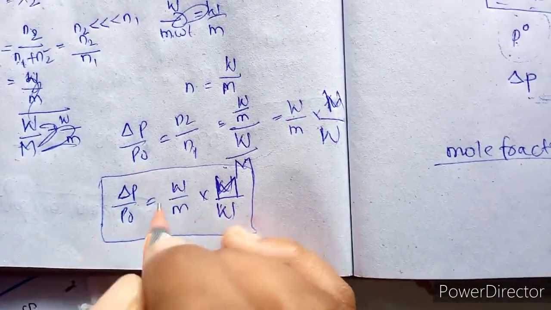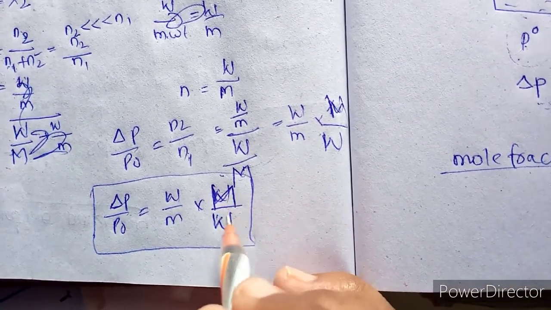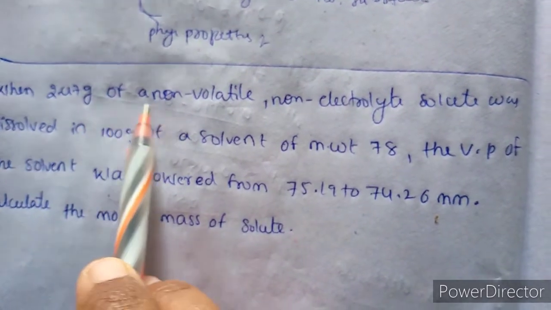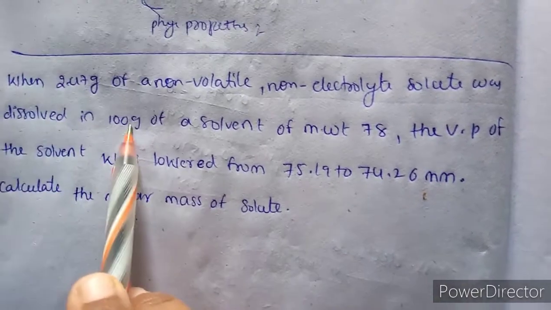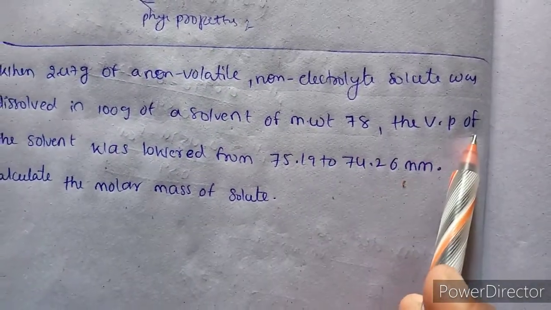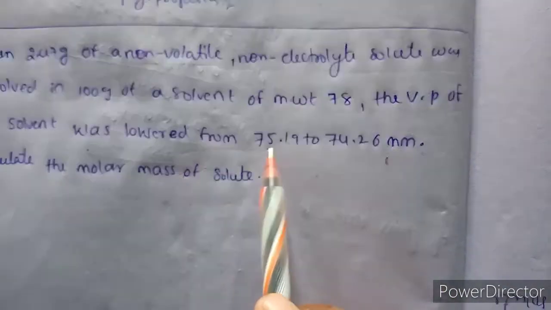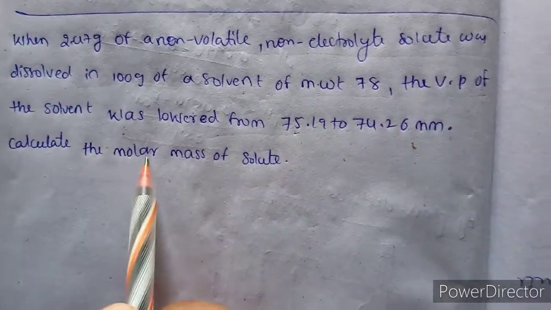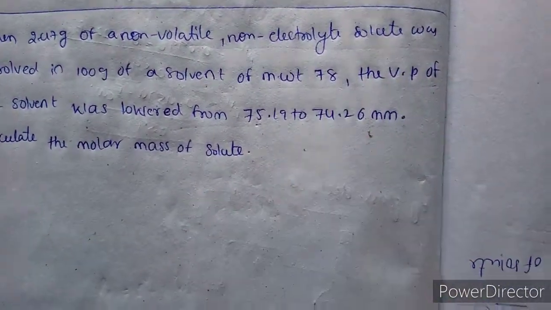Based on this, we can calculate the molar mass or molecular weight of a solute in a given solution. In this problem, 2.47 grams of a non-volatile non-electrolyte solute was dissolved in 100 grams of a solvent of molecular weight 78, and the vapor pressure of the solvent was lowered from 75.19 to 74.26 mm. Calculate the molar mass of the solute.